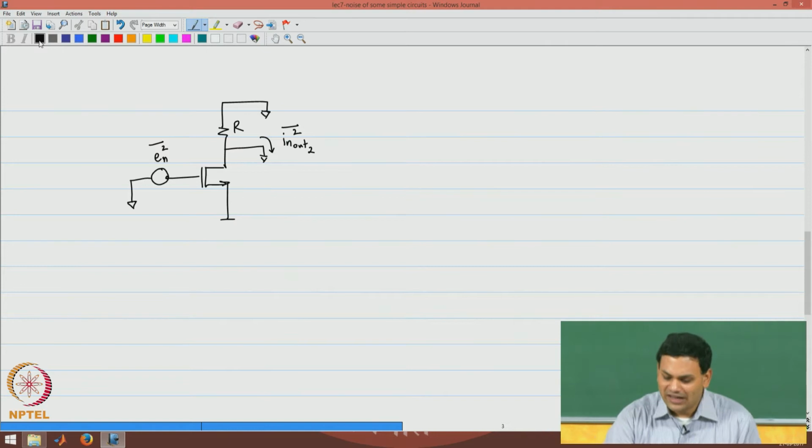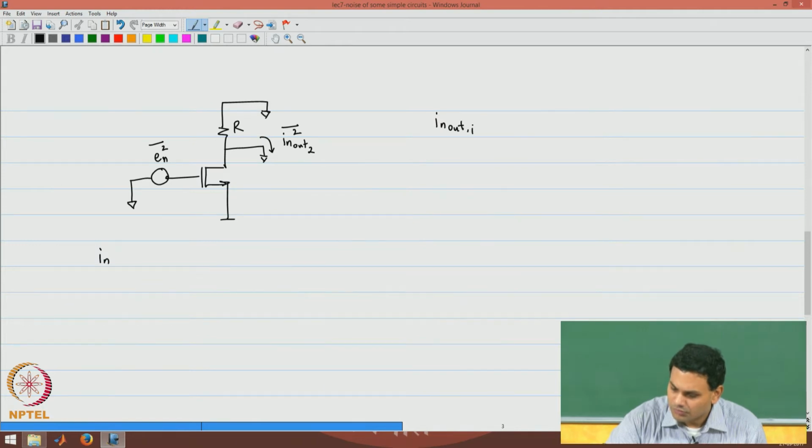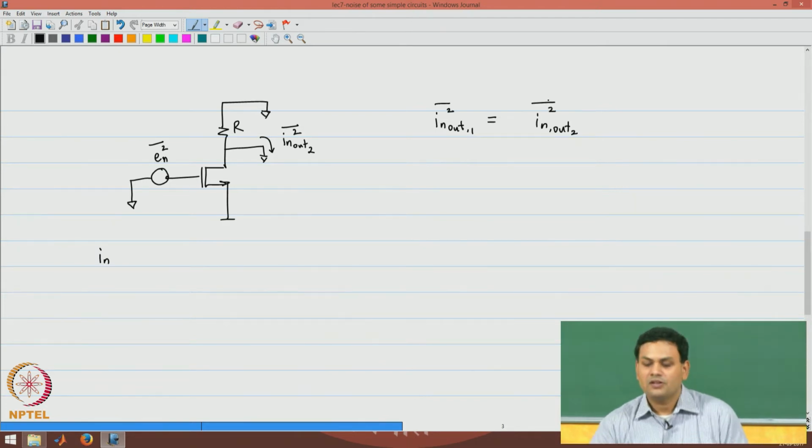So let us calculate In out 1 and In out 2. We are saying that the two networks are exactly identical. Let us now calculate these two values.